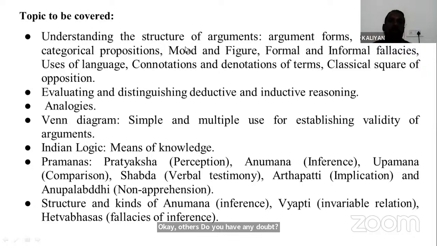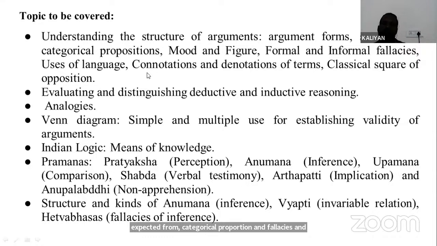So basically, we expect one question from the classical square of opposition and two questions from the Indian knowledge system, which I shared in the last 10 slides. And we expect questions from categorical proposition, fallacies, types of fallacy and types of definition.